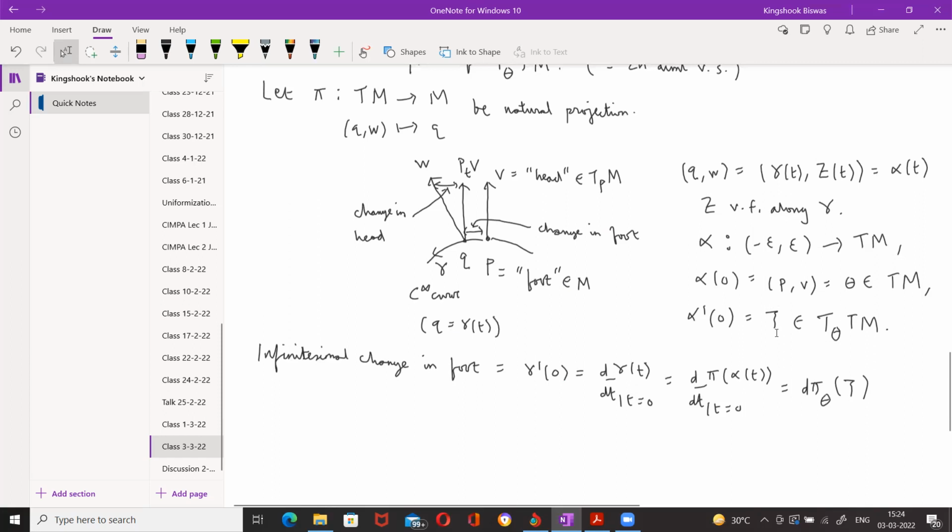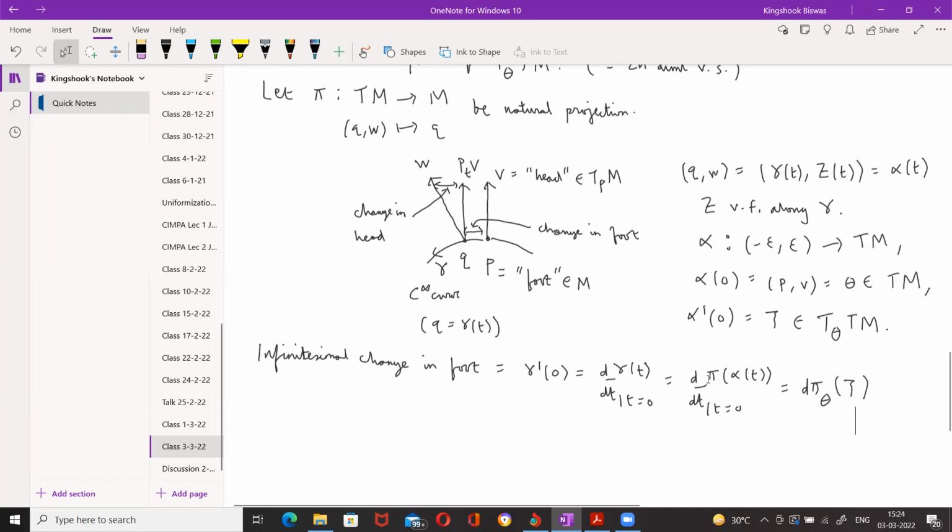So this xi you think of as an infinitesimal change in theta, right? And changes in theta I can break up into a change in the foot of theta and a change in the head of theta. So the change in the foot will be just the derivative of this curve gamma at 0, gamma prime 0. So that is d/dt at t equal to 0 of gamma t.